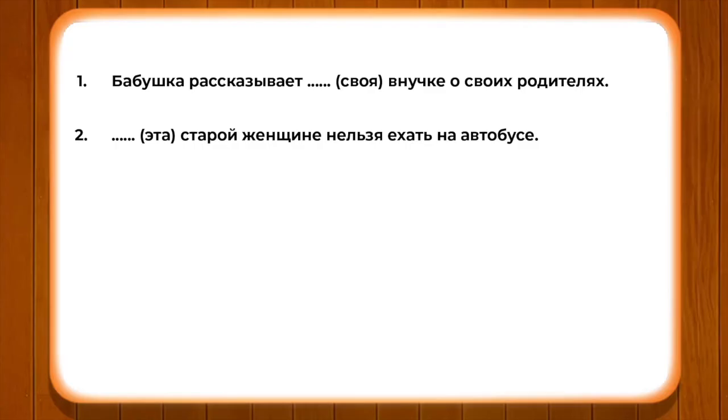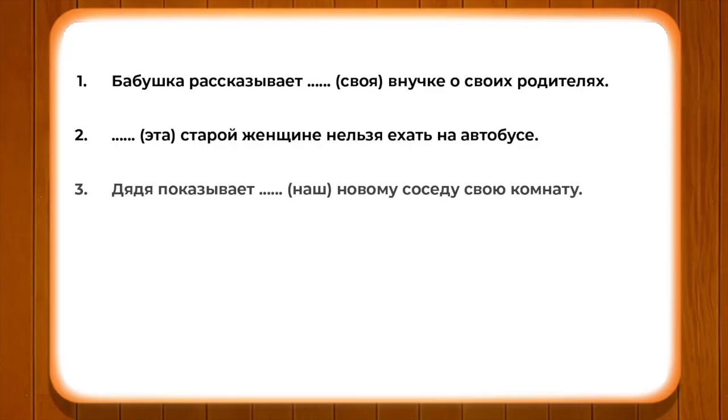Этой старой женщине нельзя ехать на автобусе. Дядя показывает наш, bracket, новому соседу свою комнату. Дядя показывает кому? Нашему новому соседу свою комнату. So, as per the rules of the grammar for dative, we have changed all these important words which you have seen in the brackets, and we have solved the exercise.